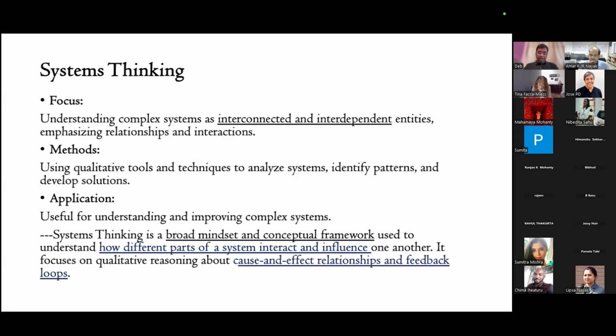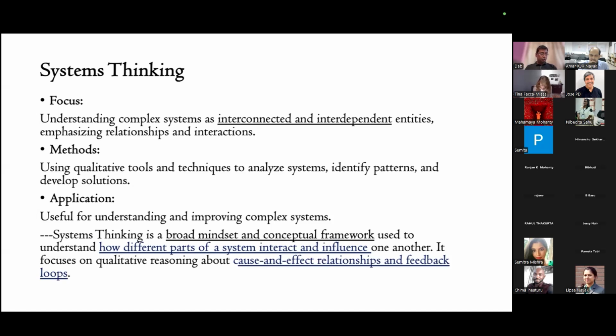And there are various approaches to systems research. One school of thought is called systems thinking. The focus of systems thinking is understanding a complex system as interconnected and interdependent entities, and it emphasizes interrelationships and interactions.